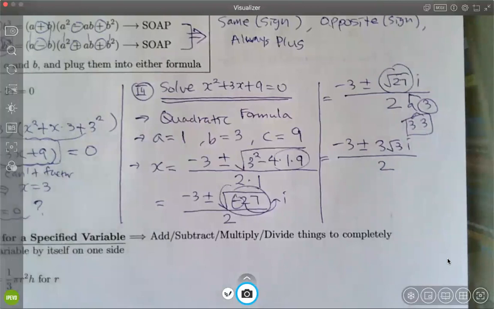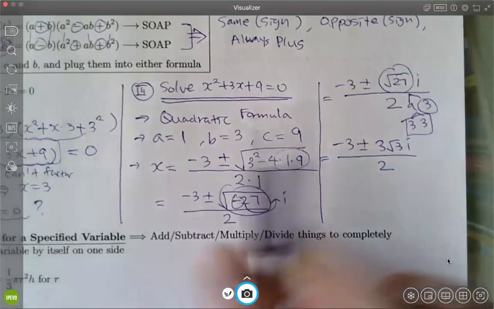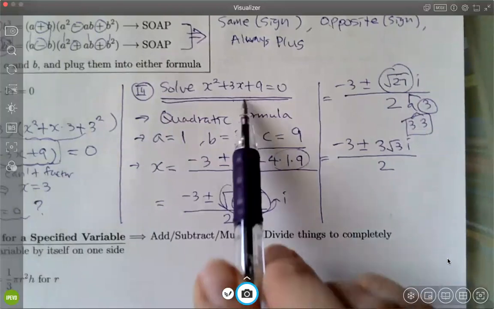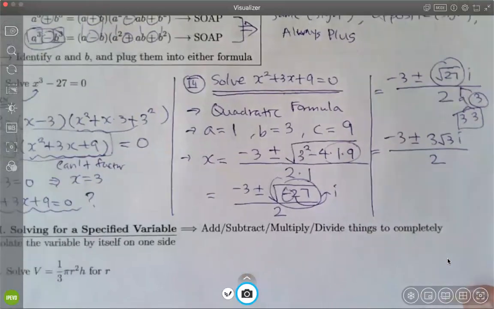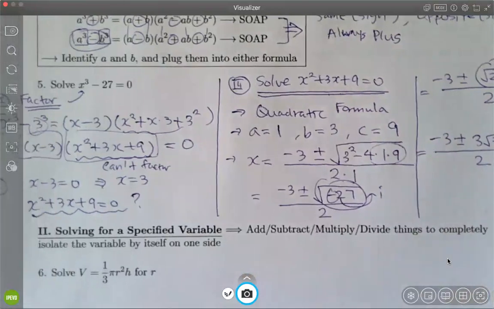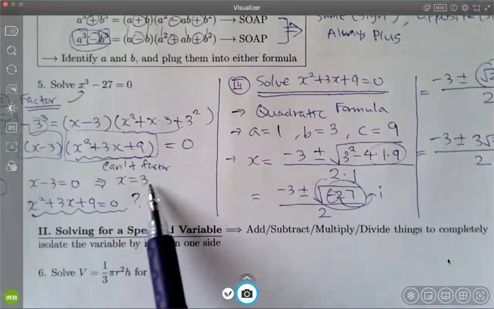So this was from which equation? That equation, right? But was that the only thing from our original cubic equation, or was there something else? I think this one. So we shouldn't forget about this, right?